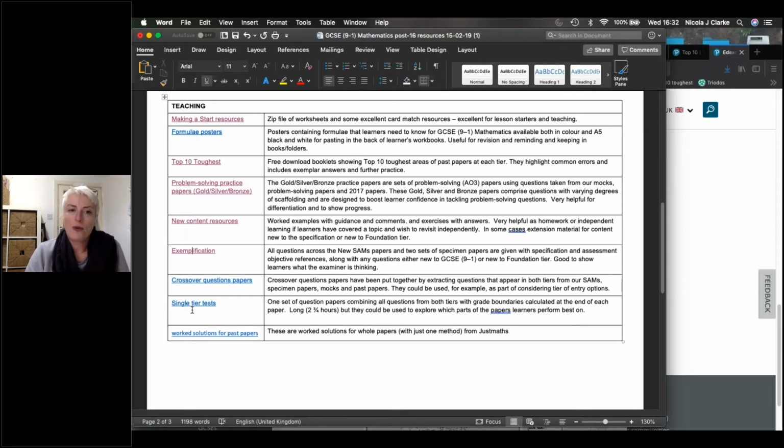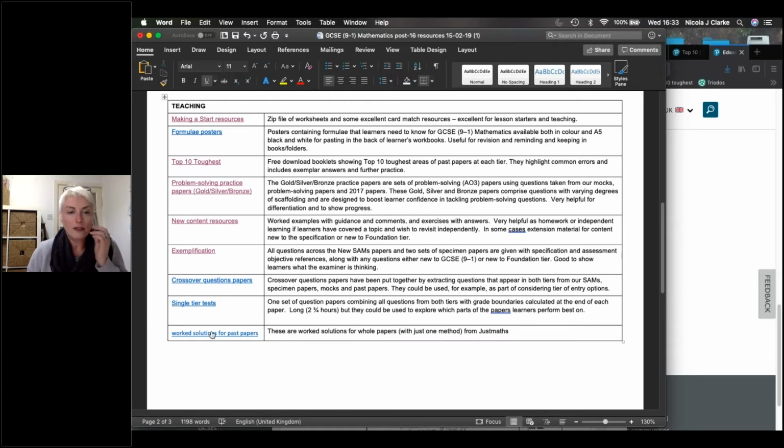But they might be quite helpful. I've included them here because they might help learners think about where they would be picking up those marks, knowing that they have to be able to pick them up from the end of the paper, not just the beginning, in order to get that 4 or 5.